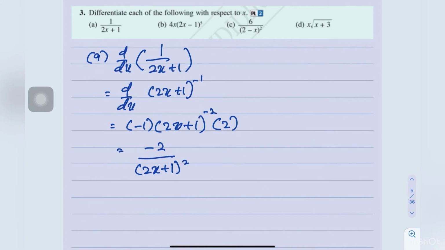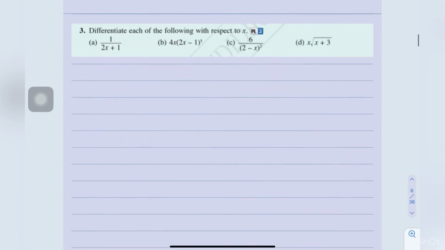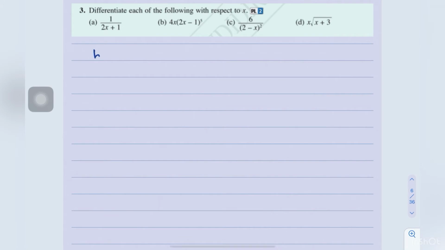Okay, for question B, differentiate d/dx of x, so (2x minus 1) to the power of 5.